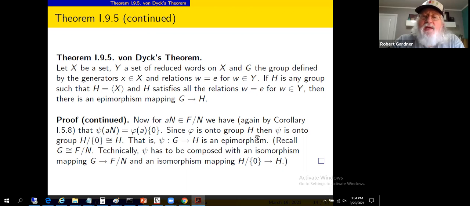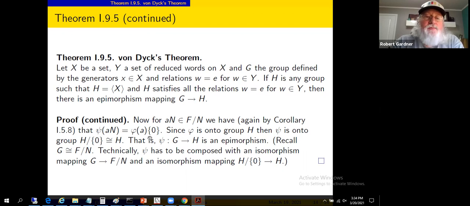Phi's onto group H. Well, if phi is onto group H, then we produce here, as a ranges over all of group F, we'll produce all elements of group H here, onto. We had the epimorphism from above.